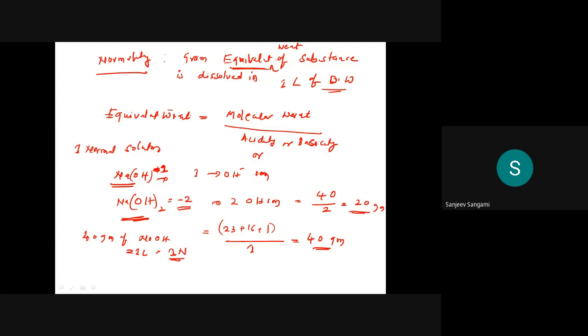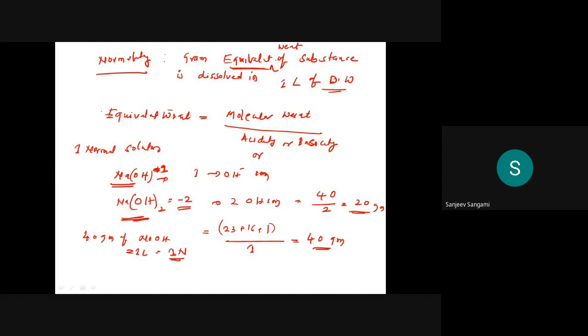But it may not be the same for other cases. For sodium hydroxide, the normality and molarity are the same, but in other cases that may not happen. So it is better to calculate the equivalent weight of each substance before preparing the strength of any solution. So this is about normality.